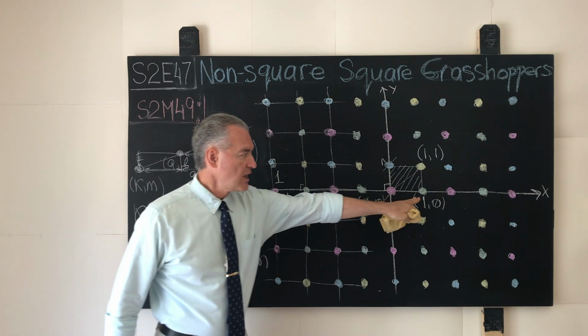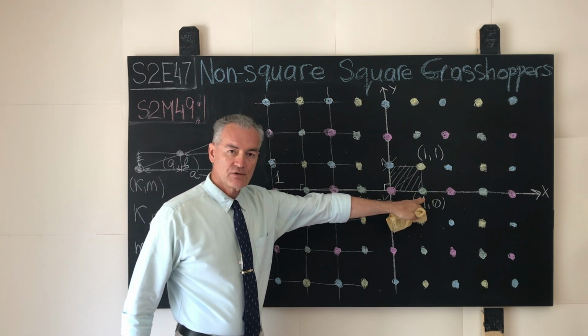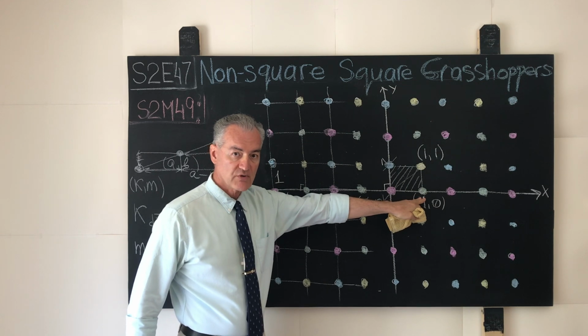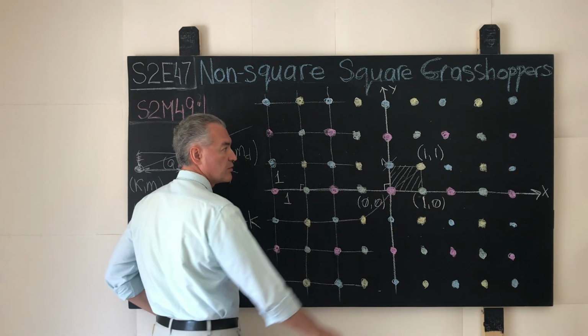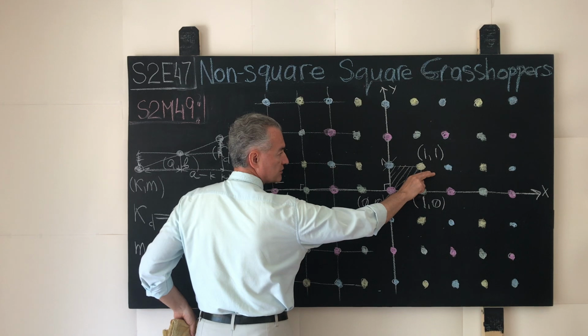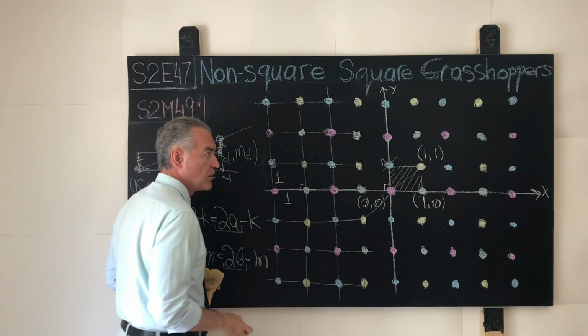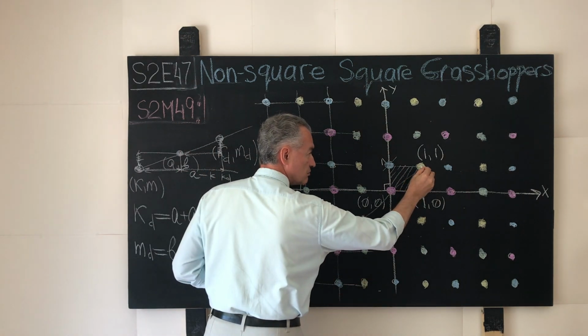The grasshopper that sits at the lower right vertex of the given unit square will be green. And the grasshopper that was sitting in the upper right corner of the given unit square will be yellow.